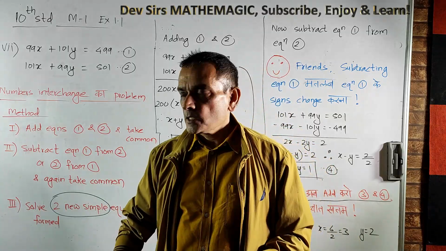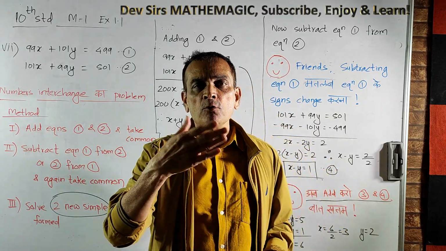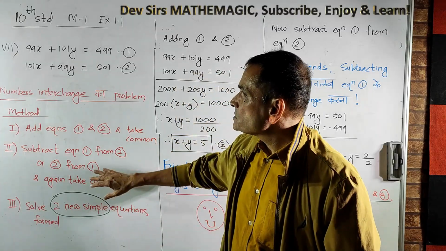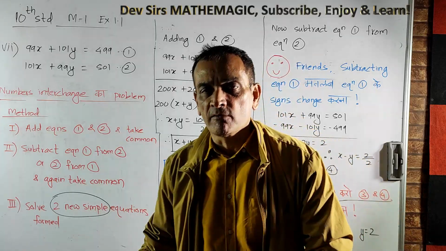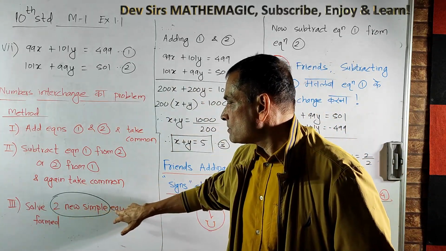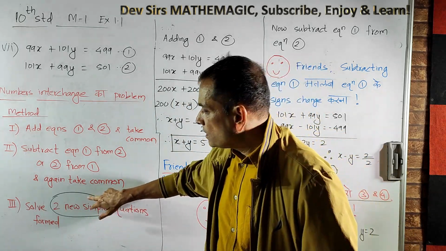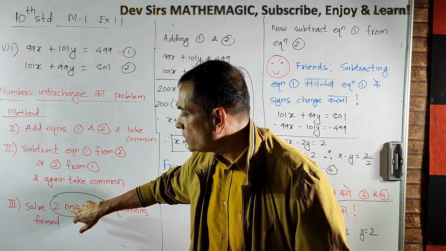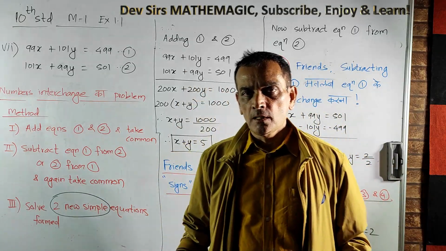So what happens? When you add both the equations and take something common, you get a new equation. When you subtract one equation from the other and take something common, you get another new equation. Solve the two new simple equations formed. Purposely I said two new simple equations because the new equations formed are very simple.